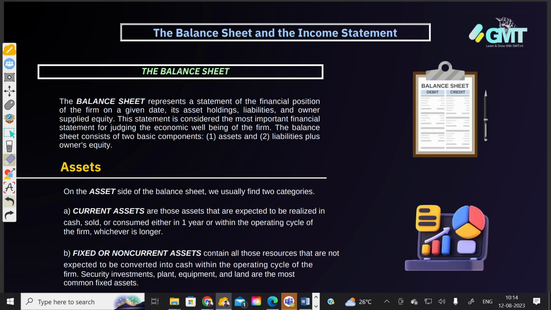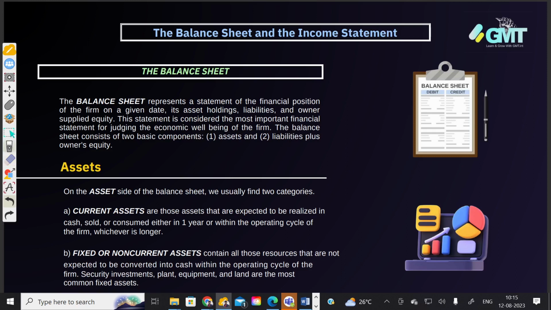So entire finance teams or banking teams work on similar statements. All right. So here let's start with the balance sheet.